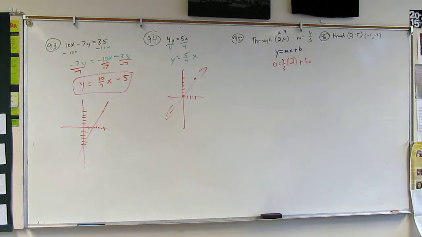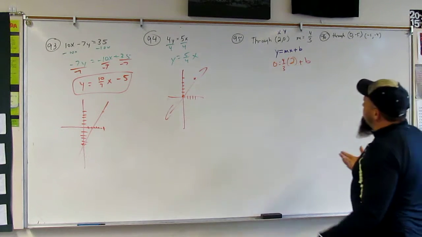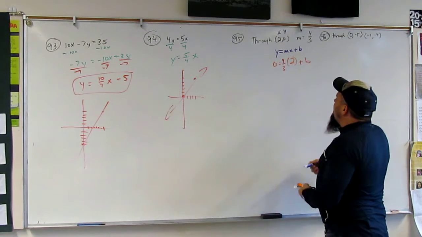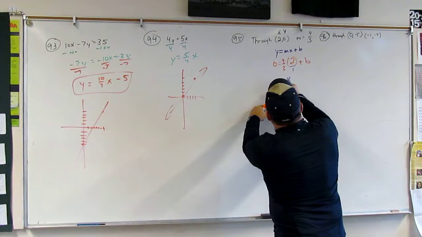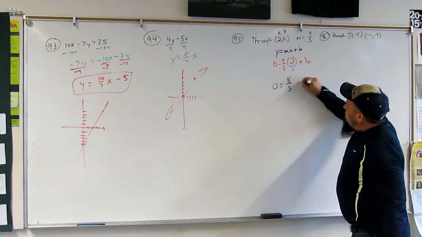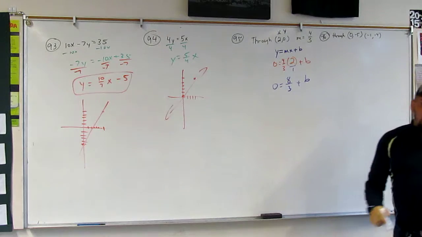All you need for an equation is the slope and the y-intercept, right? So once we have those, it's all cake. All right, so then I've got 2 times 4 is 8/3. Okay? Hey, I was doing this last night. I was helping Becca with the homework.